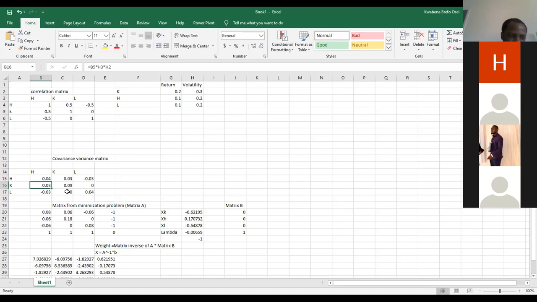Now this is H and L. The correlation between H and L is negative 0.5, times H is here, times L is here. No, why am I making the mistake?